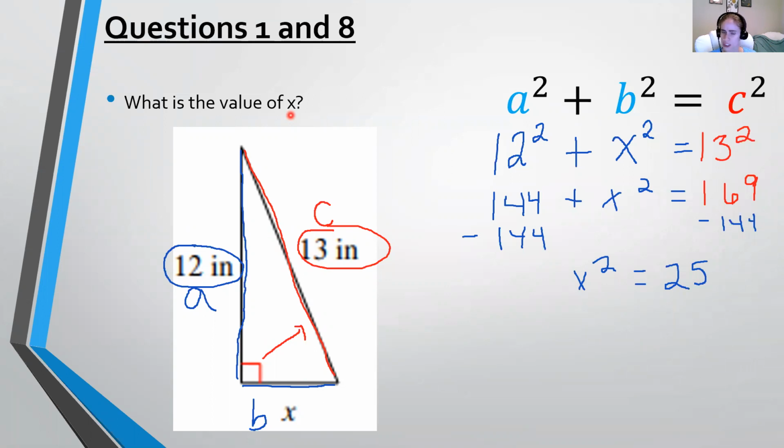What is the inverse? What is the opposite of squaring something? Well, that's square root. So to solve this, we need to take the square root of both sides. So the square root and the square are inverses. They cancel each other out, which means we're simply left with x.